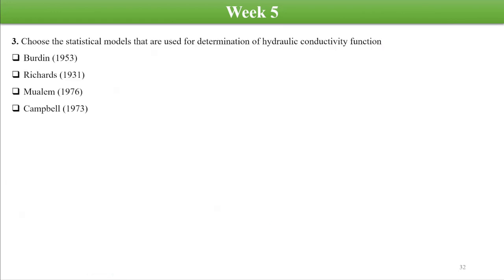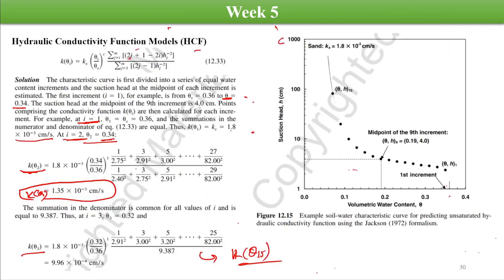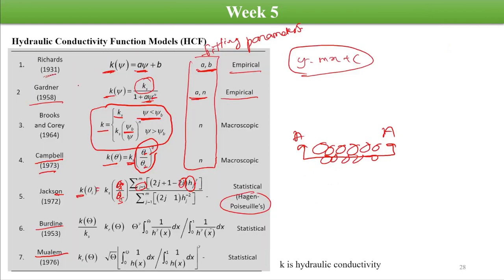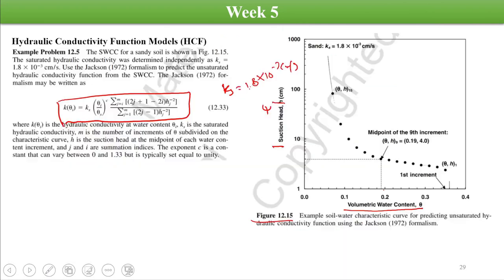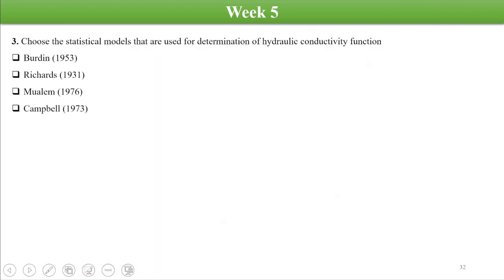Fine. So there's a question: which statistical method can be used to determine the hydraulic conductivity function? For the hydraulic conductivity function, what are the statistical models which we can see here? These are the Jackson model, Burdine model, Mualem model. Let's go back and see the question.